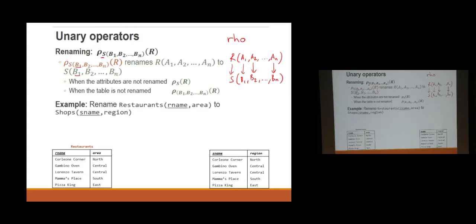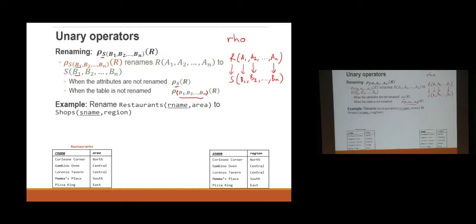And when certain things are clear, let's say you just want to rename the table. You do not want to rename the attributes. Then you can just specify the table name or the schema name. If you just want to rename the attributes, just put a bracket and list all the attributes. Okay? Unfortunately, you have to list all the attributes, even if you want to rename only one attribute.